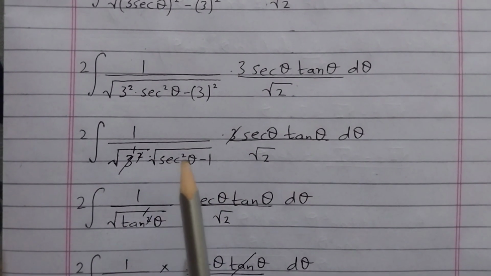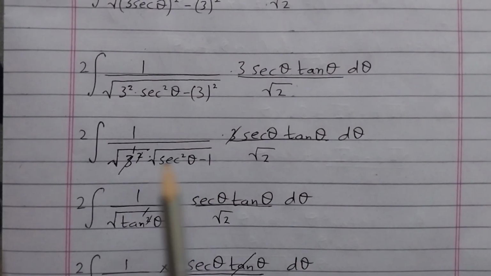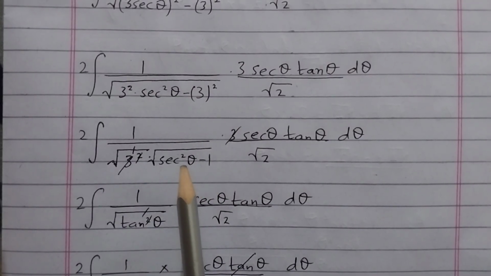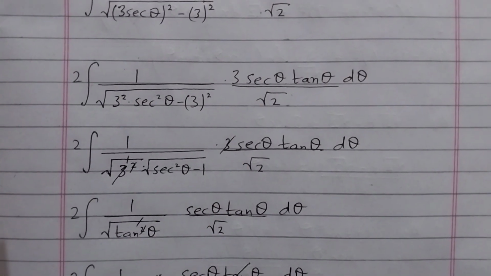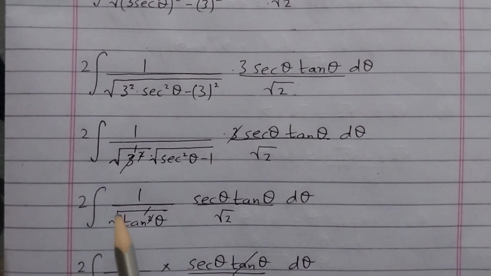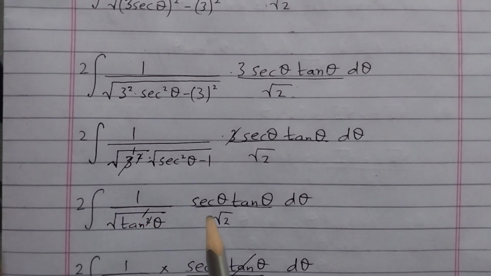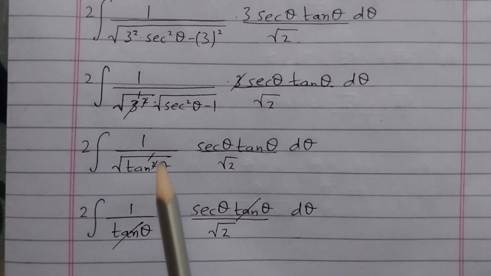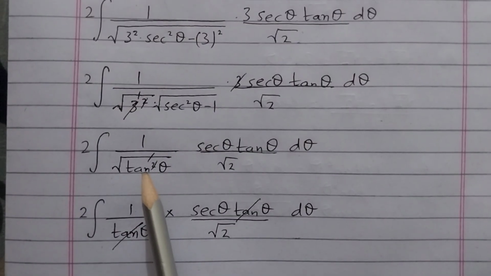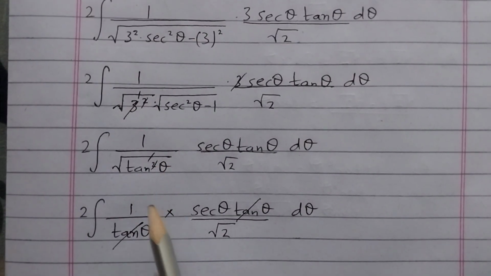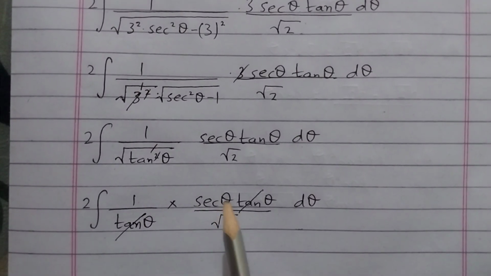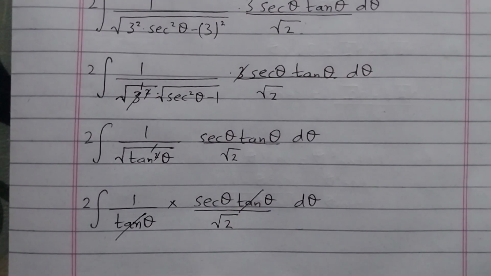We have secant square theta minus 1 under the square root in the denominator, and secant square theta minus 1 is simply tan square theta. So we'll write tan square theta in place of it. Square and square root cancel out. So we are left with 1 over tan theta into secant theta tan theta over square root 2, and tan theta also cancel out.